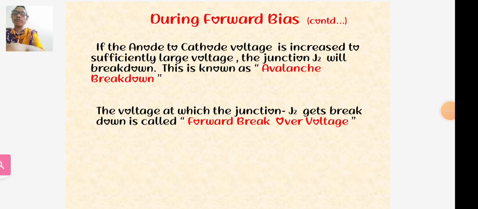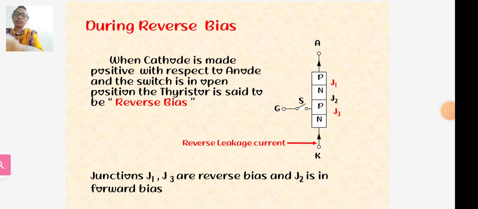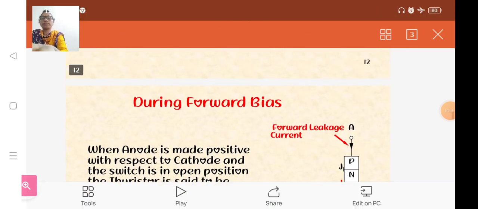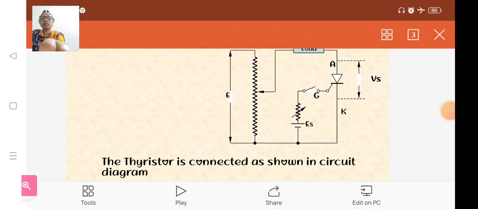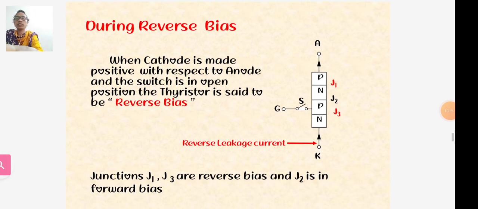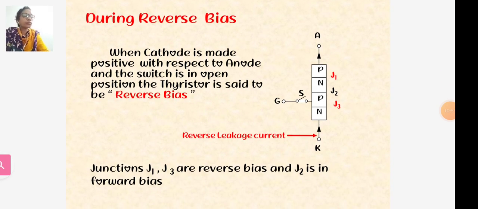In case we go for reverse bias, when the cathode is made positive with respect to the anode, with the gate terminal switch open, the thyristor is reverse biased.